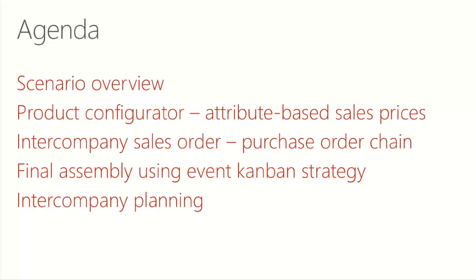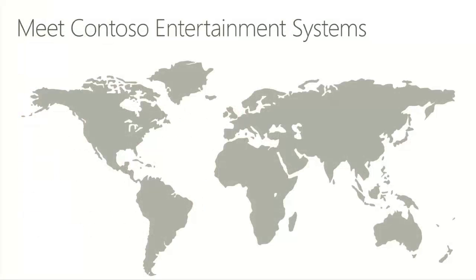So then we're going to go through the intercompany planning details of that. And we're going to also explain the forecast reduction that has been also extended in AX 2012 R2. So for that, let me just explain the scenario that we're talking about.